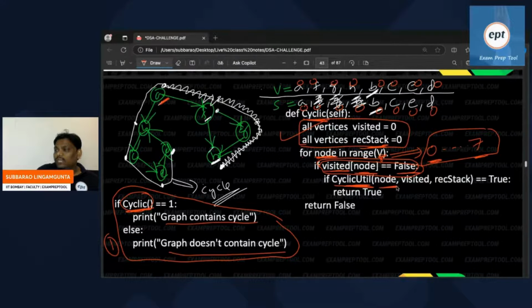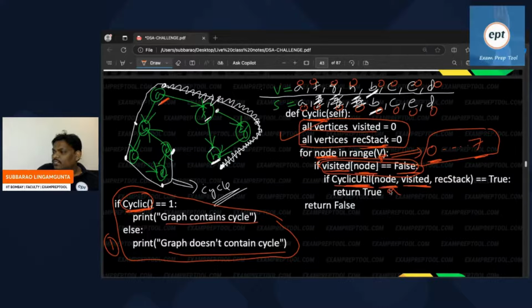So the node which is not visited, A, you send, and one more thing, the visited array you send. This is the visited array. As of now all will be zeros.